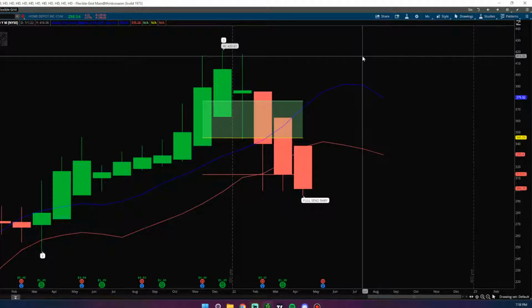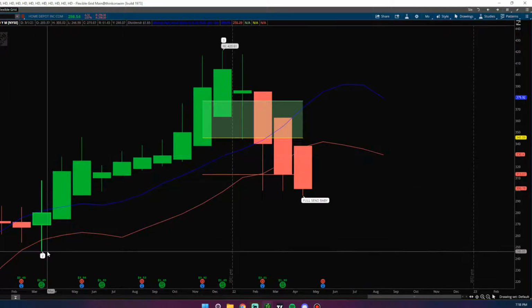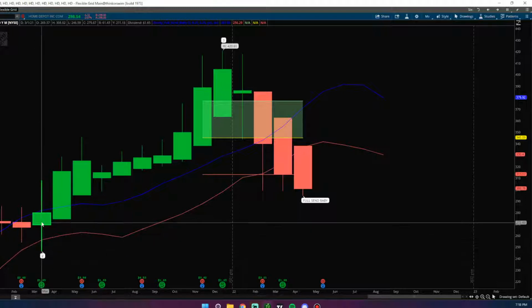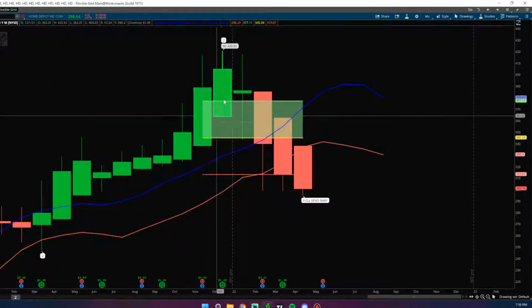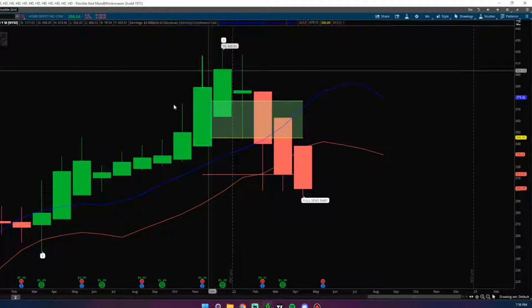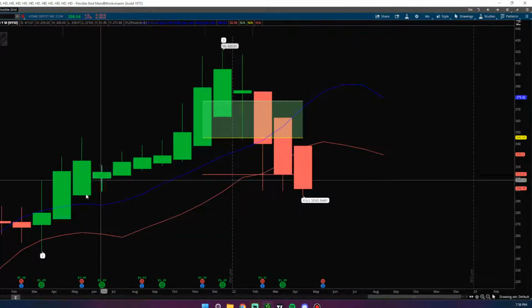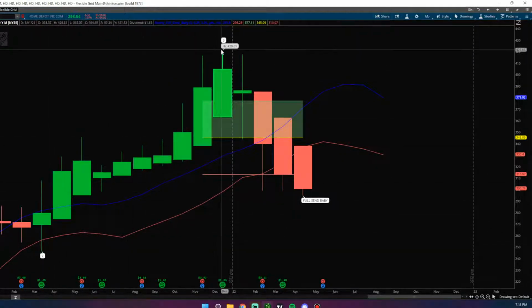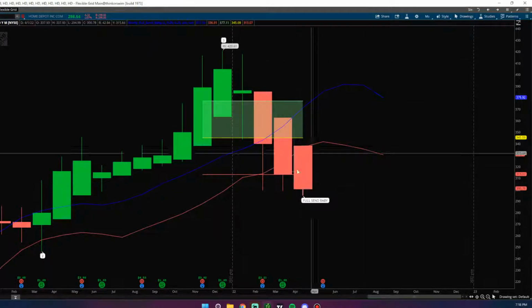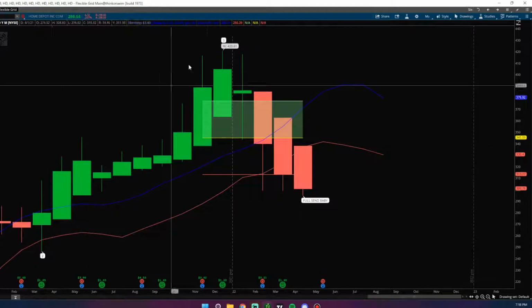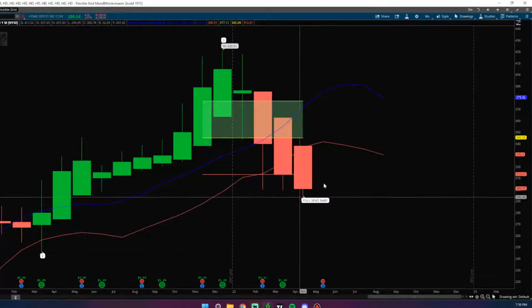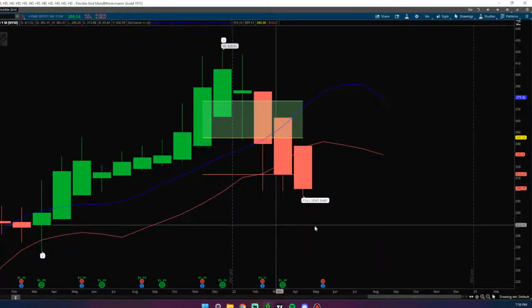You could actually go even further out. Let's say this number 2 was a full send. This is 1 month, 2, 3, 4, 5, 6, 7, 8, 9 months for this to go from this low to this high. So that's why I'm taking it a few months out. But I'm not greedy. I'm not looking for this full move. I just want a piece of the pie.